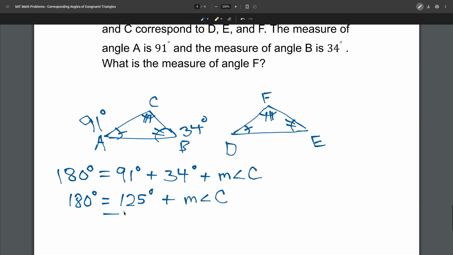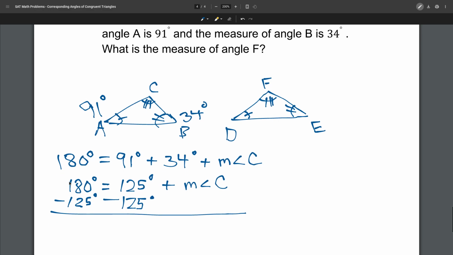We're going to subtract 125 from both sides. And 180 minus 125 is going to be 55 degrees. And 125 minus 125 is 0.